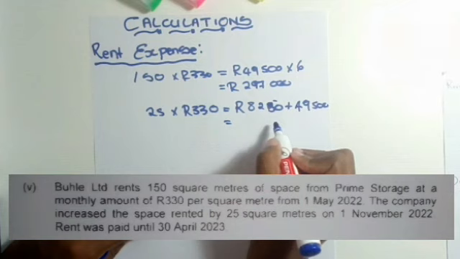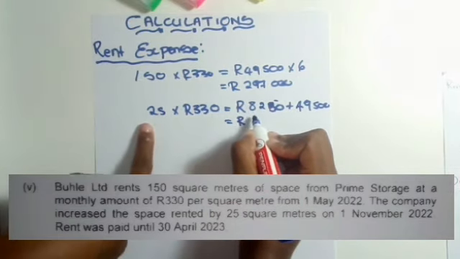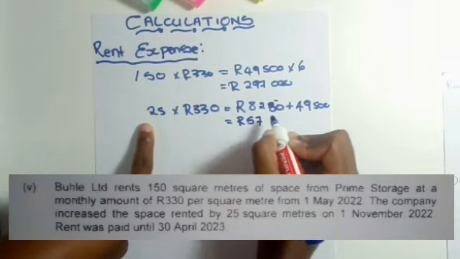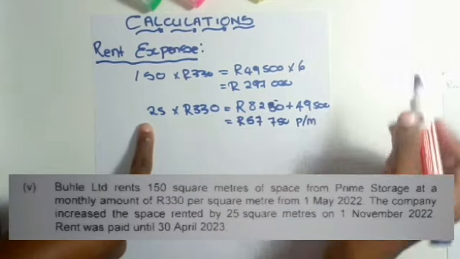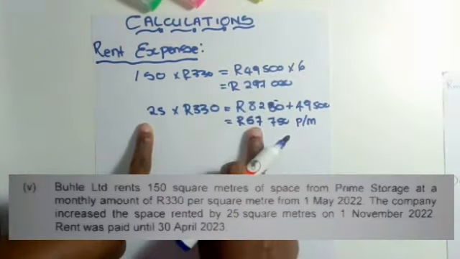So this means that after I increased my rent by 25 square meters, the total amount that I have been paying per month was now increased to 57,750. This is what I was paying per month after increase. This is what I was paying per month before increase. This is what I was paying per month now after increase.